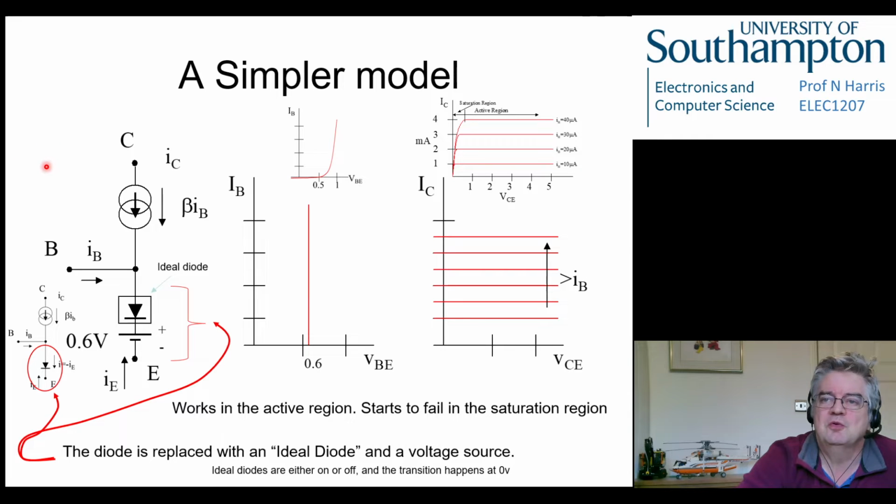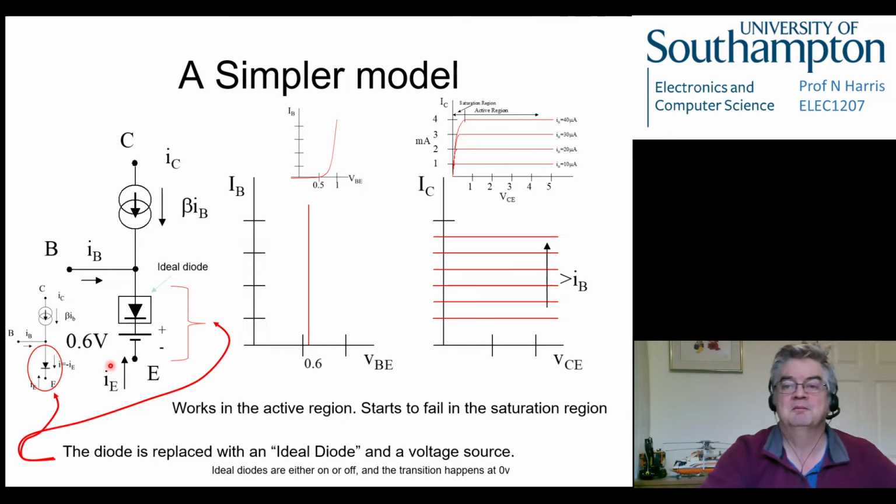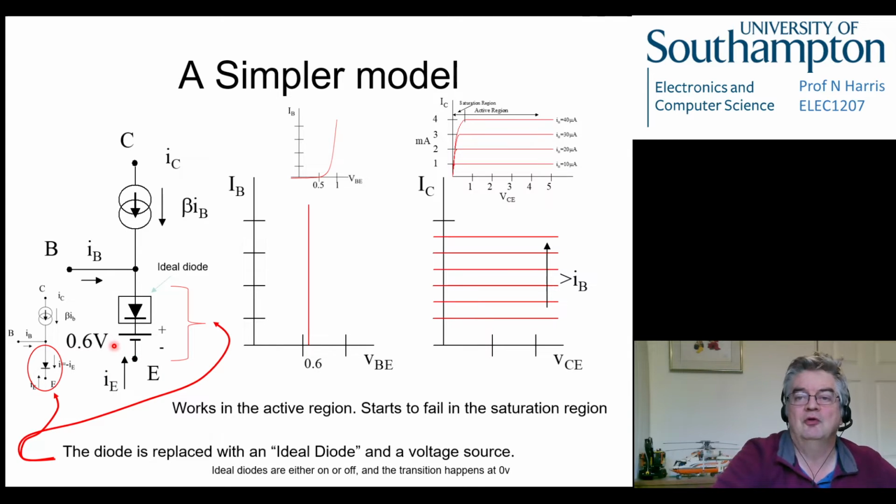So what we're going to do is replace the exponential bit of our transistor, this diode down here, with something a lot more linear. We've replaced it with a voltage source, just drawn as a battery, of about 0.6 of a volt, anywhere between about 0.5 and 0.7 would do, and this thing called an ideal diode.